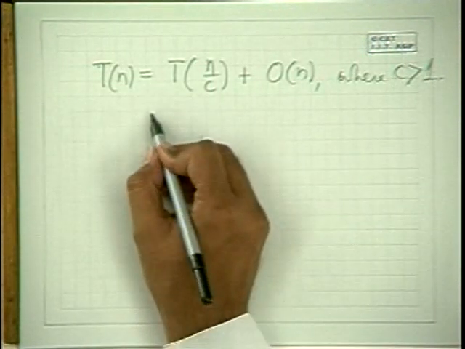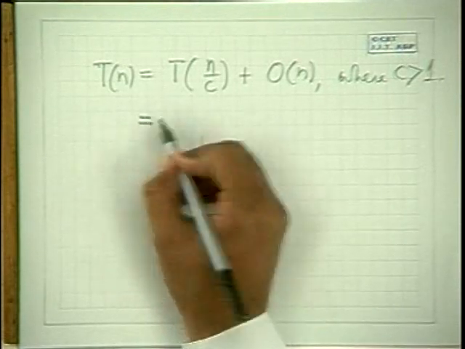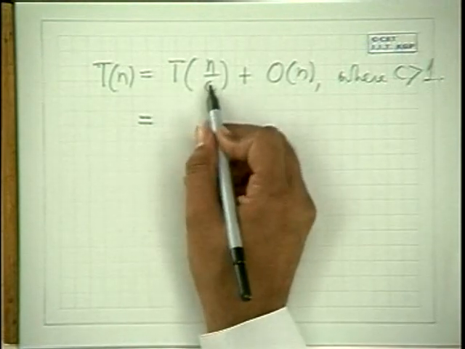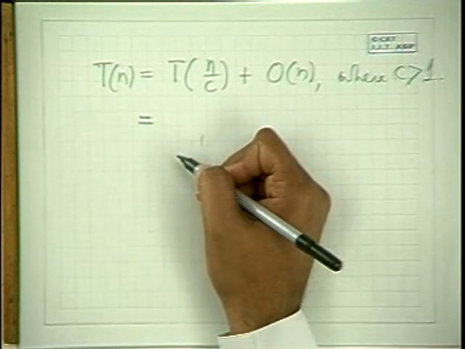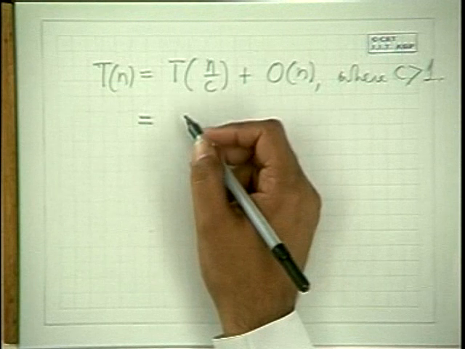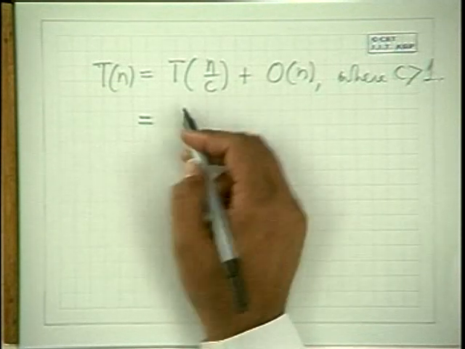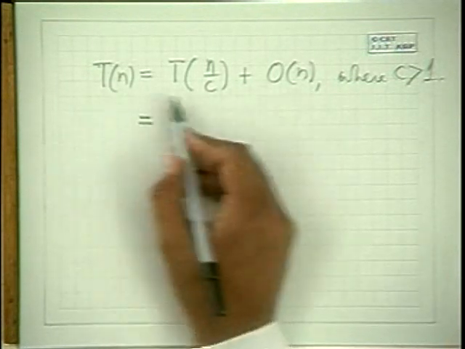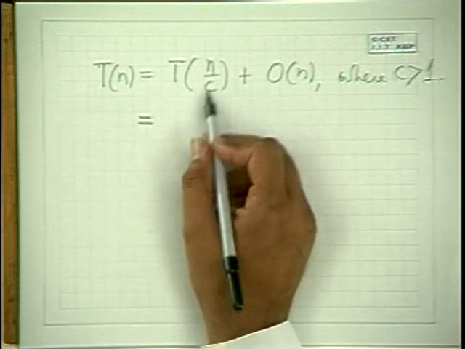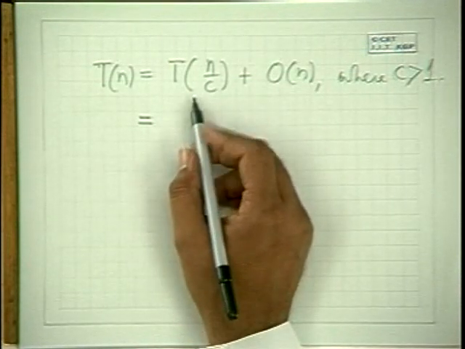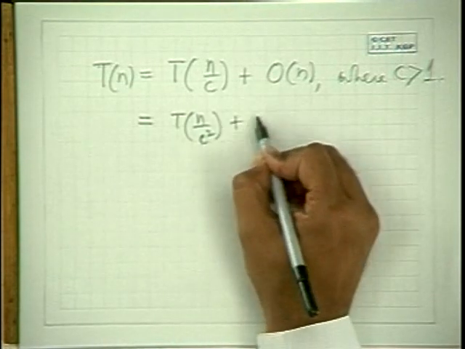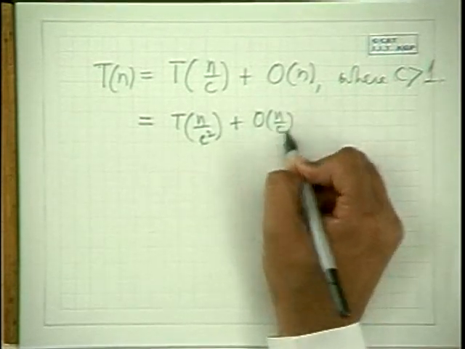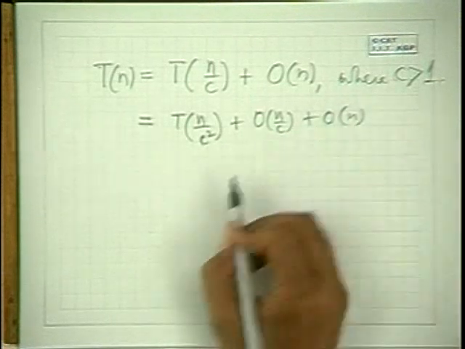Why? Let us see. As Shantoshil has already pointed out, the Tn over C I can always expand once more using the same recurrence relation. So if I do that, what should be the case? Tn by C square plus order of n over C plus order n.